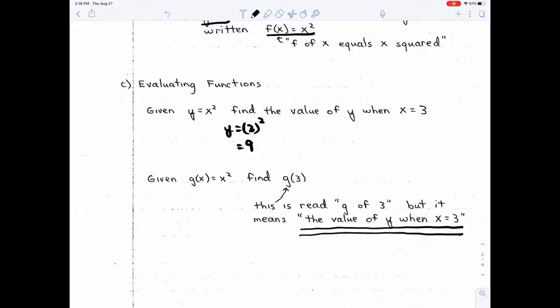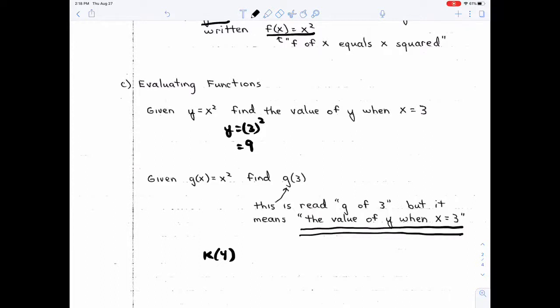If I write h of 7, it means the value of y when x is 7. If I write k of 4, it means the value of y when x is 4.